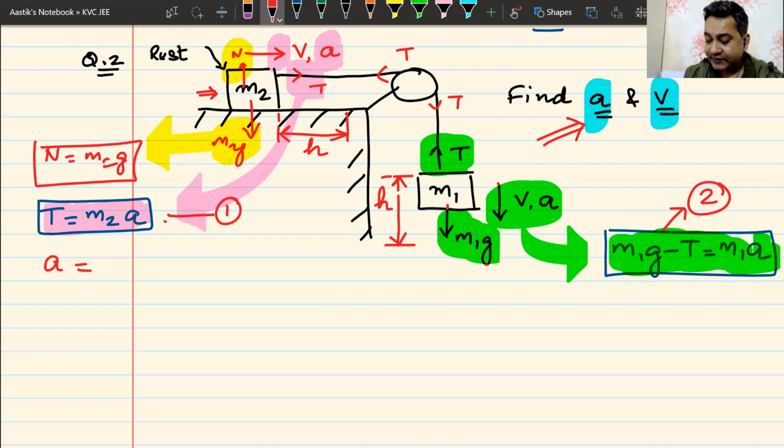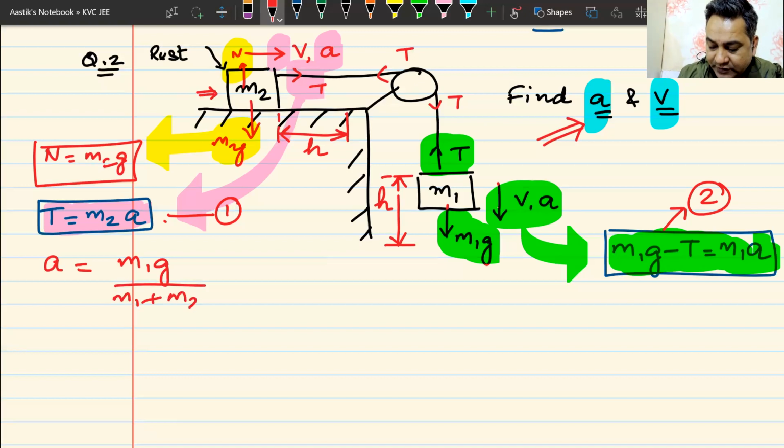Yes, bacha, tell me what is the value of a? Sir, m1g by m1 plus m2. Very correct. Acceleration is m1g by m1 plus m2.